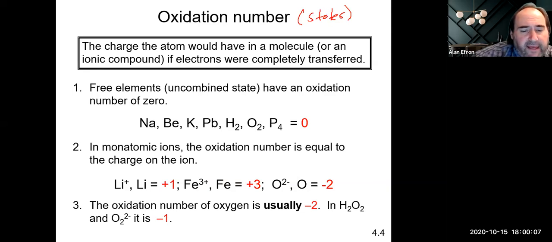If you have a monoatomic ion, it will normally have the same oxidation number as its charge. So sodium with a +1 charge would be +1. Lithium with a +1 charge would also be +1. If you had iron 3 chloride, the iron would have an oxidation state of +3. Oxygen, which is usually a pretty good place to start, usually has an oxidation number of -2.